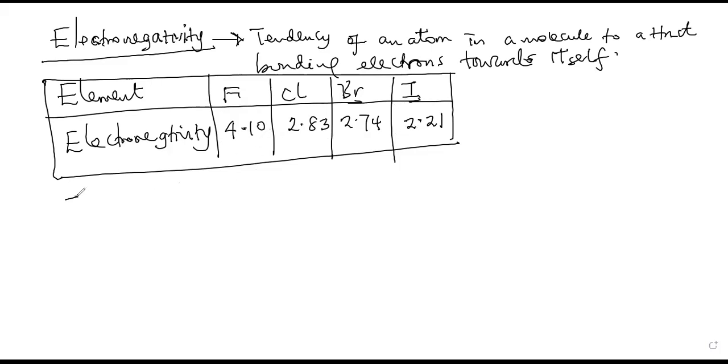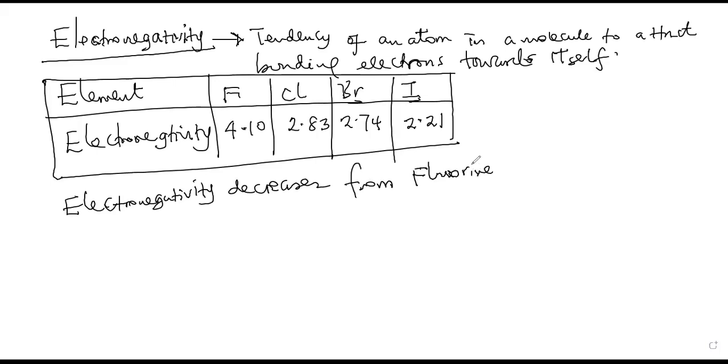So the stating part, you will say electronegativity decreases from fluorine to iodine. Why? You bring in all the effects that we were saying.